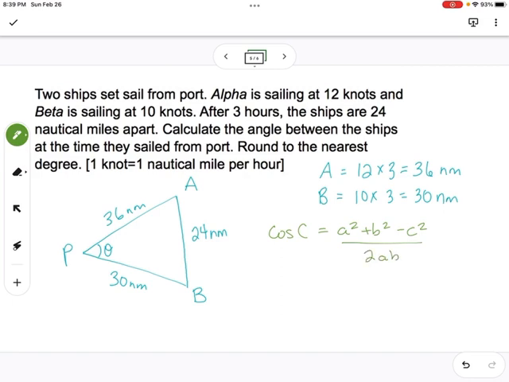So let's label our sides. Our angle C is what we're trying to find. That's this. The side across from that is our lowercase c. And the other sides we have are A and B.